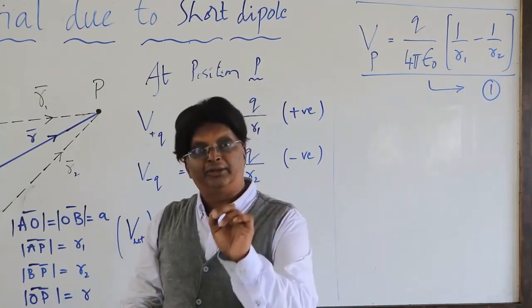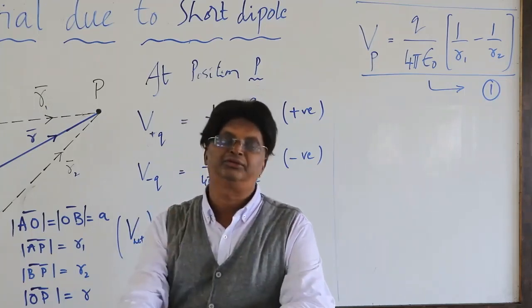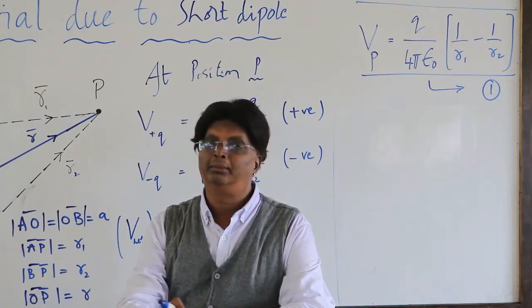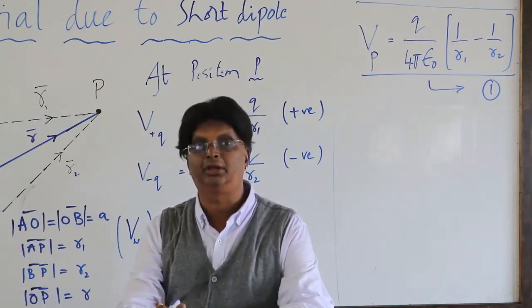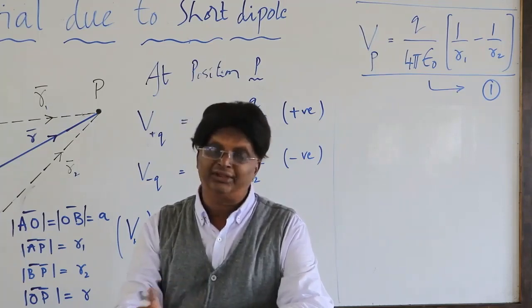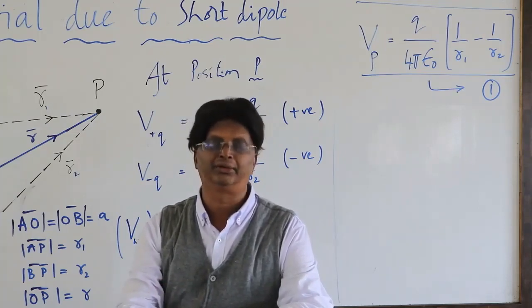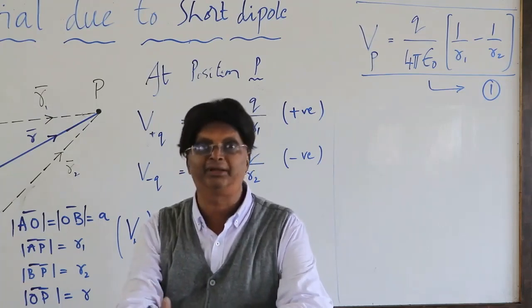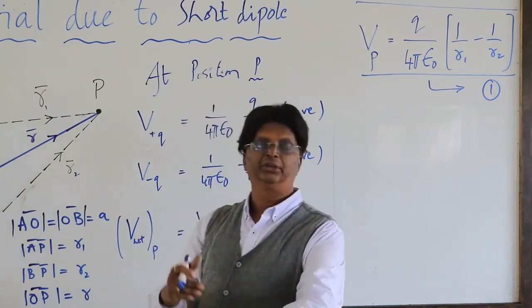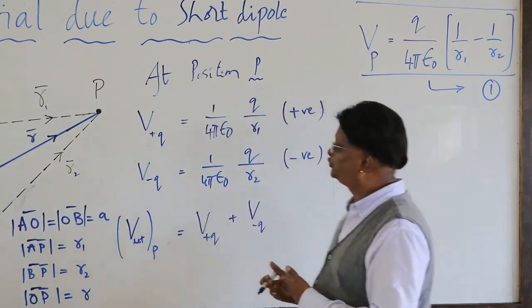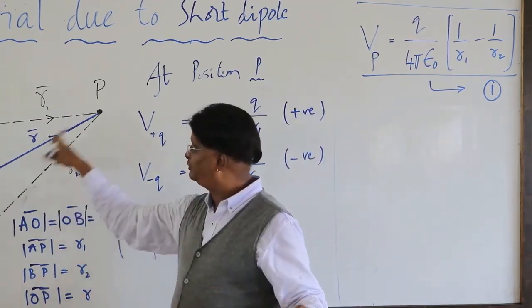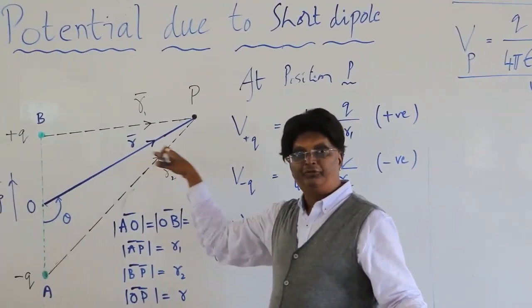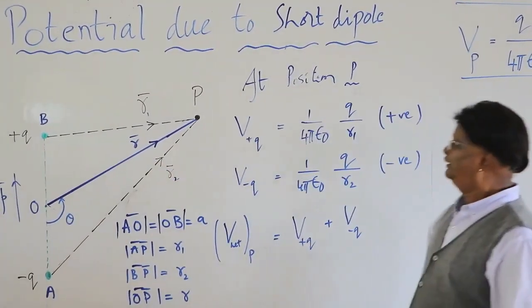For that part we will make use of two mathematical tools. The first one is the triangular law of addition, and the next one is the binomial expansion. So these are the two things we are going to do here, and that is why everything here is represented in the form of vectors.